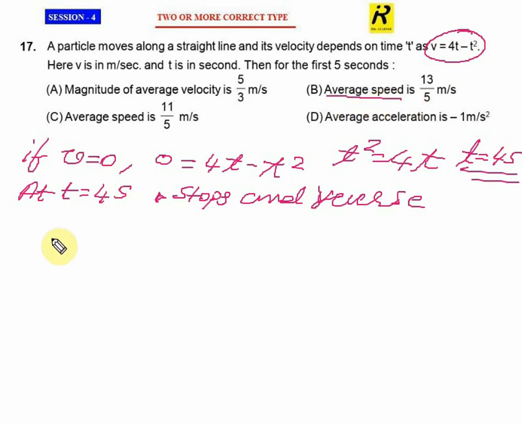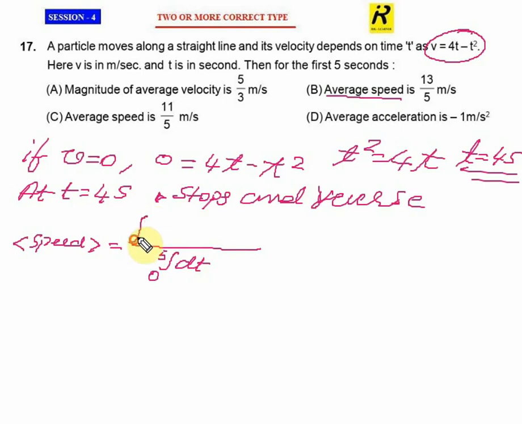In finding the average speed, I will make a split in my calculation. I will do nothing in the denominator, so the denominator remains the same, but in the numerator I should be very careful. Here I have to take the two intervals.